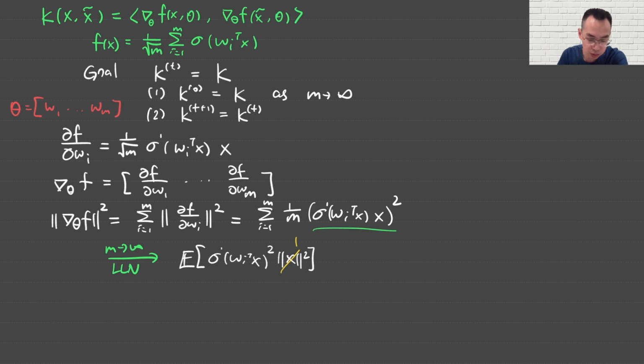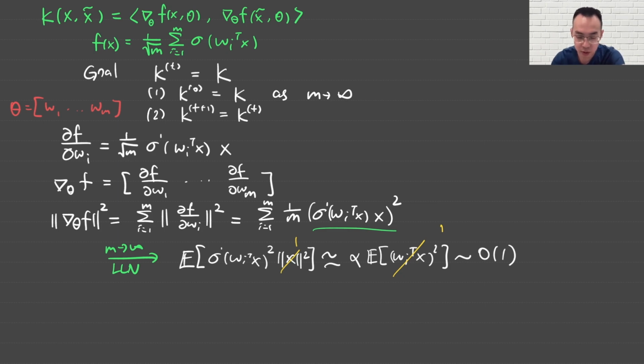So you can say this is approximately some constant alpha times the expected value of wi transpose x squared, which is just the variance of wi transpose x. We've shown that this also equals 1. But the important thing here is that we want the order of this norm to be 1, where we can just ignore this alpha because that's a constant.